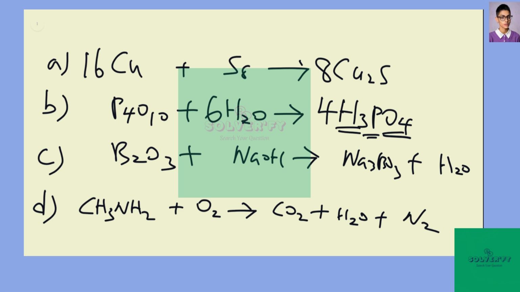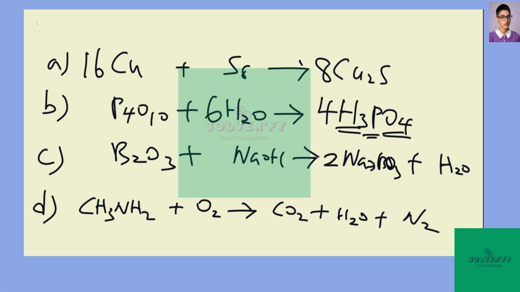Okay, for C, we have B2O3 with sodium hydroxide, and then we have sodium borate, Na3BO3, and then we will have water as the byproduct. In order to balance that, I'll start with boron first.